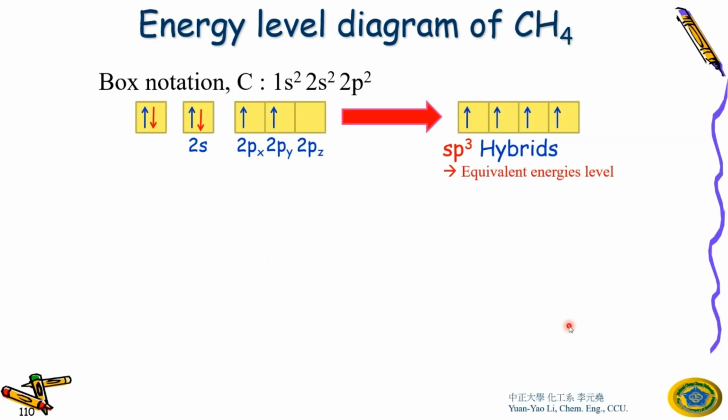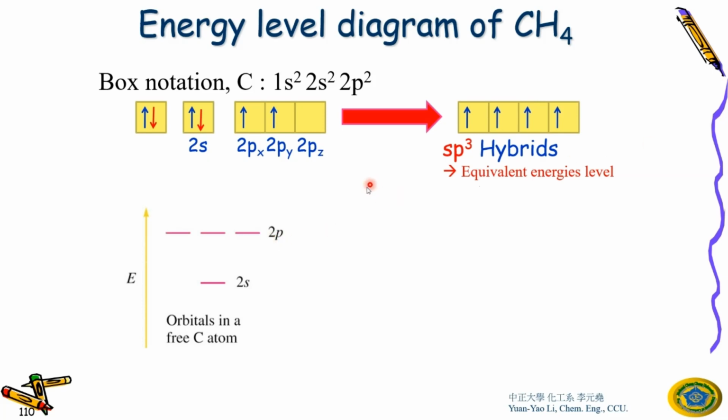Okay, so now let's take a look at another example of the single bond. Just now we talked about the single bond. How about the single bond of methane? We know methane is sp3 hybridized, right? The orbital is hybridized because, as you know, from s and p, this is sp3 hybridization.